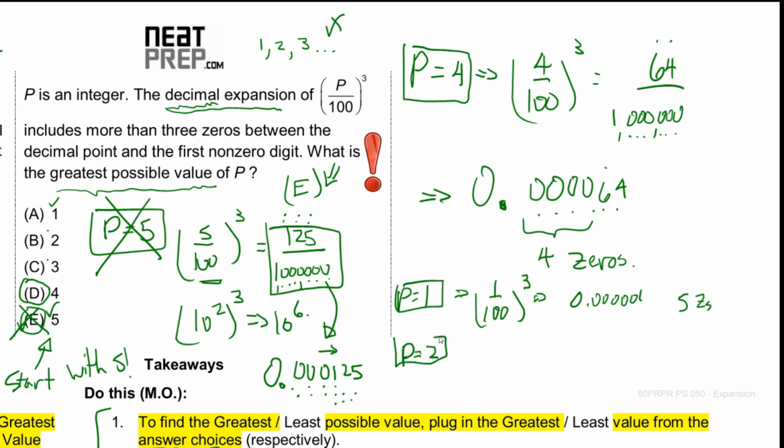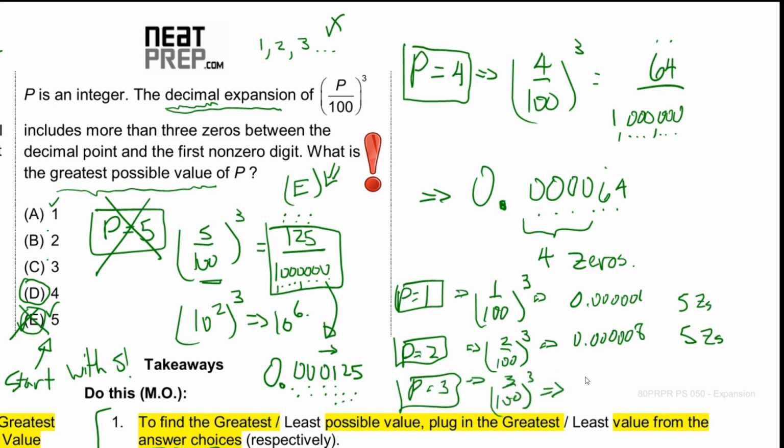Answer choice B, 2 over 100 cubed, yields 8 over 1 million, which translates to 0.000008, 5 zeros. Answer choice C, 3 over 100 cubed yields 27 over 1 million, which translates to 0.000027, which is 4 zeros.